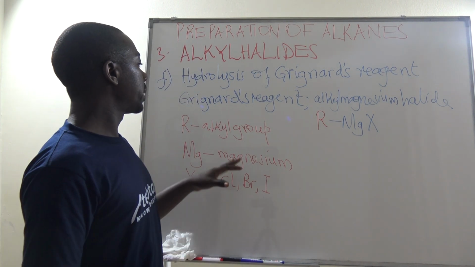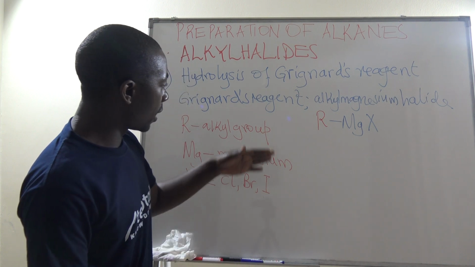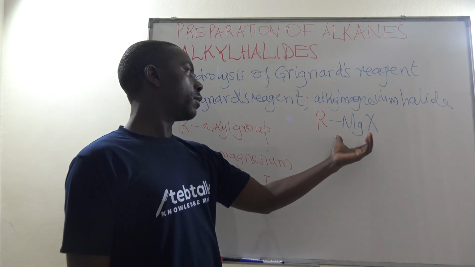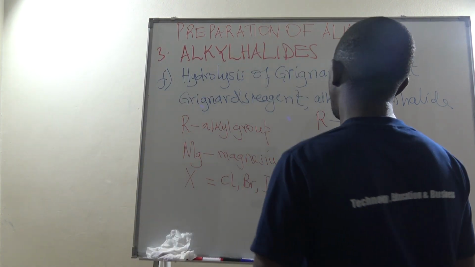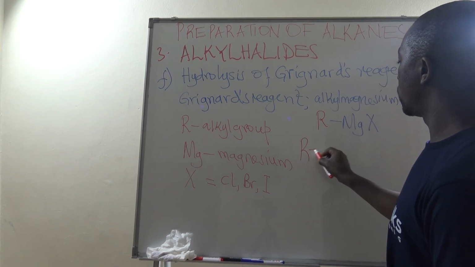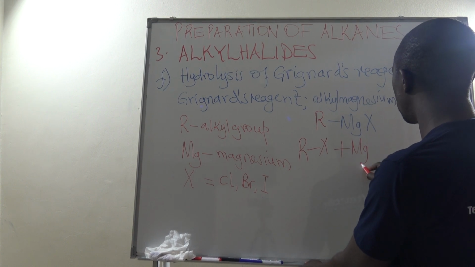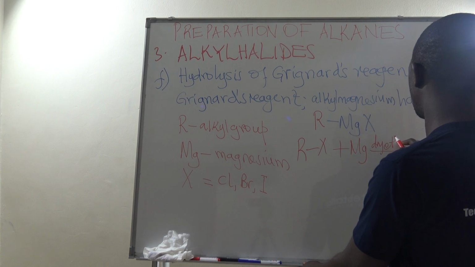Before we look at how it helps us to obtain an alkane, we want to start by looking at how we prepare Grignard's reagent. Grignard's reagent is obtained when we react an alkyl halide with magnesium in the presence of dry ether.